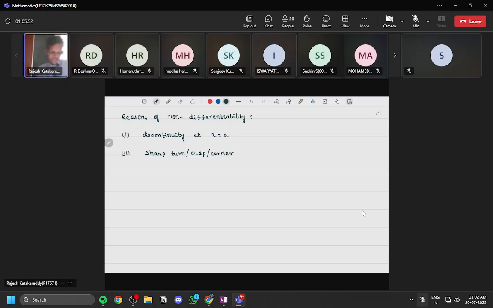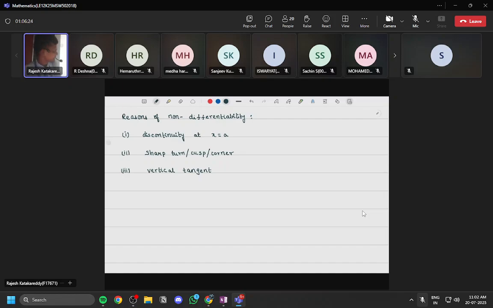See, if we have more than one tangent at that point, in that case we will be having a sharp turn or something. Third one, vertical tangent. Unique tangent does not exist at this point, more than one tangent. Spelling might be wrong.